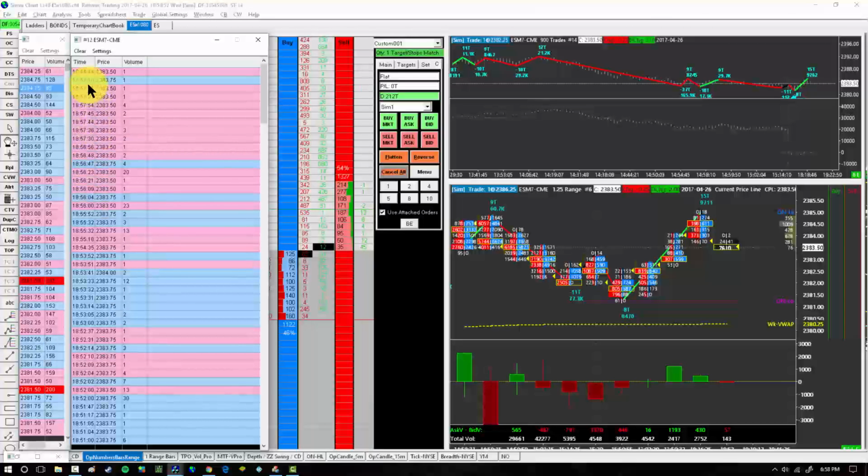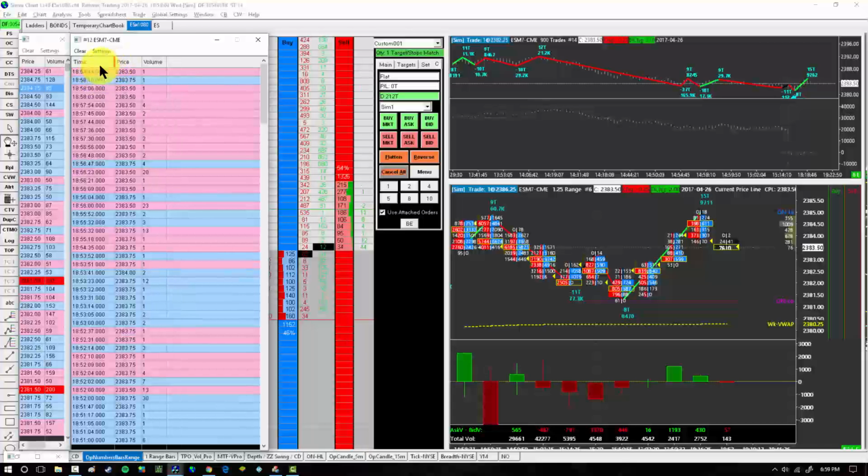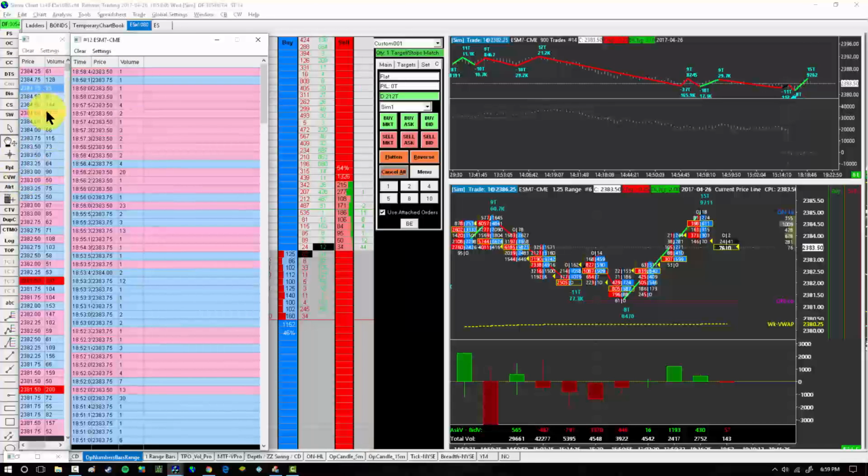This is actually during the after hours, so it's a little bit different. But during the day, a lot of these orders come in within the same few milliseconds, actually, right? So the reconstructed tape just pulls those all together and gives you something that's a little bit more readable.